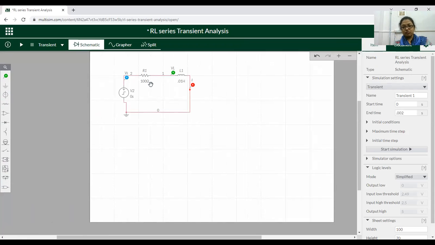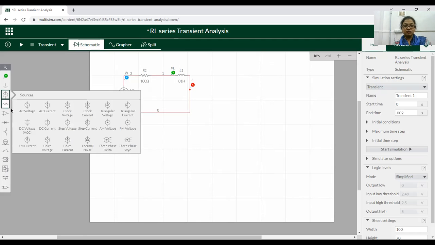Here we need one R and one L. Using these components, you first make a simple circuit. We are using one step function, which you can find here, written as step function. From here you can choose the step function.